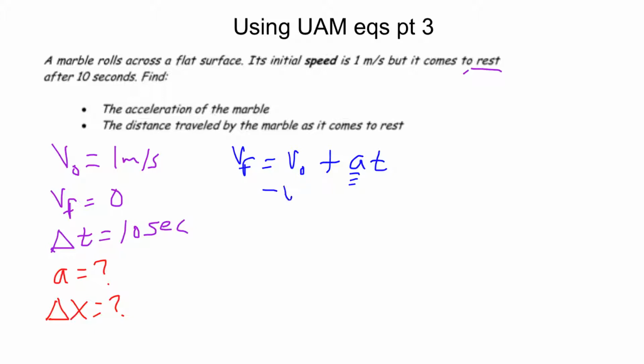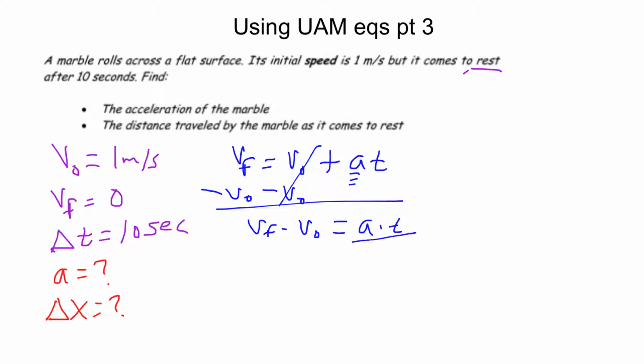So we're going to subtract the initial velocity from both sides. We're going to get final velocity minus initial velocity equals acceleration times time. And this time we're going to divide it by time so that we can have acceleration on its own. So acceleration is equal to the final velocity minus the initial velocity divided by time.